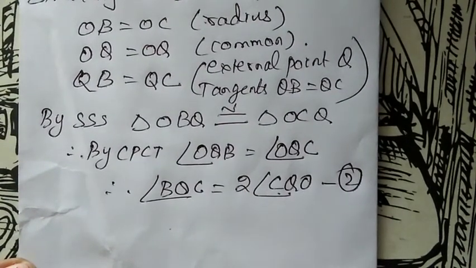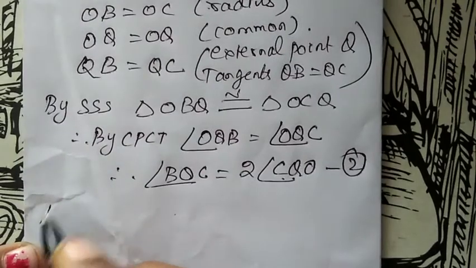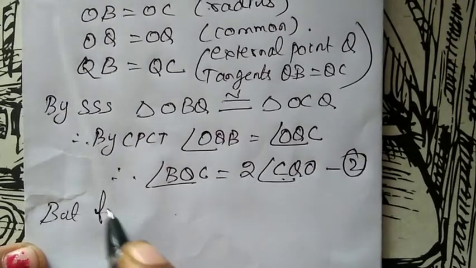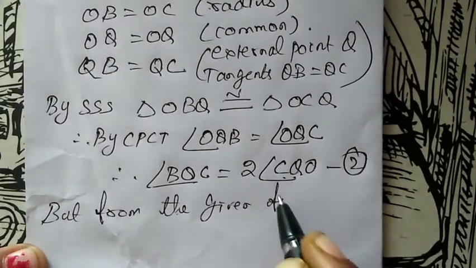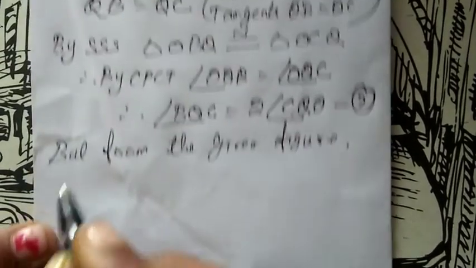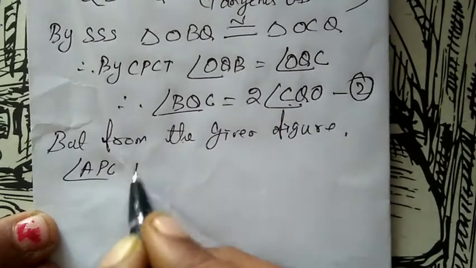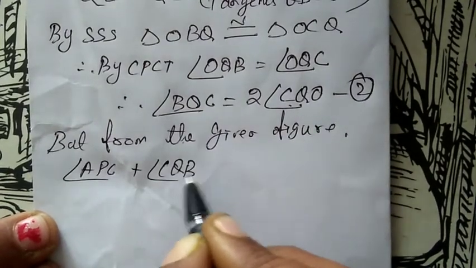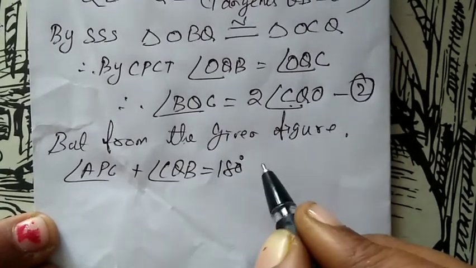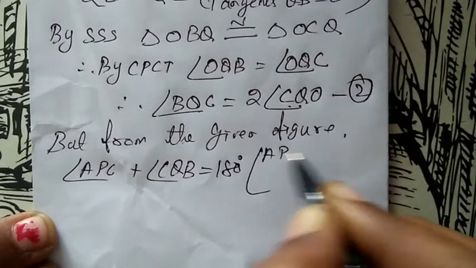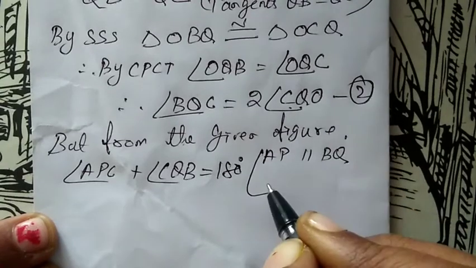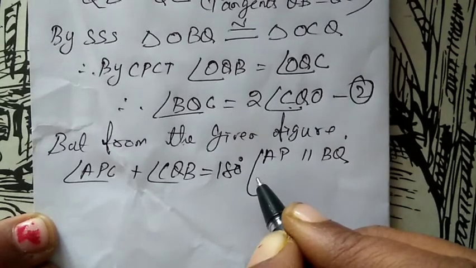Now from the diagram, from the given figure, angle APC plus angle CQB equal to 180 degree, because the tangents AP is parallel to BQ. So what happens?